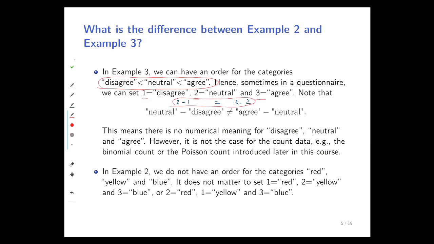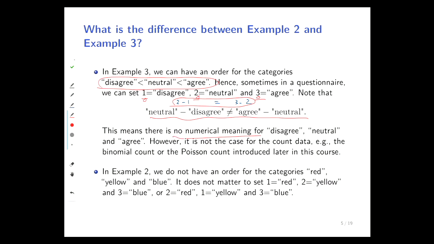But for neutral, disagree and agree, we do not have this relationship. So remember that even though we use 1, 2, 3, we do not have numerical meaning for these three categories, for this kind of ordinal response. That is the very important feature of ordinal response: no numerical meaning.